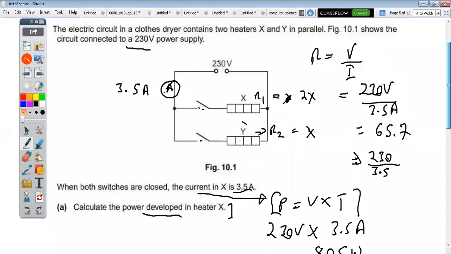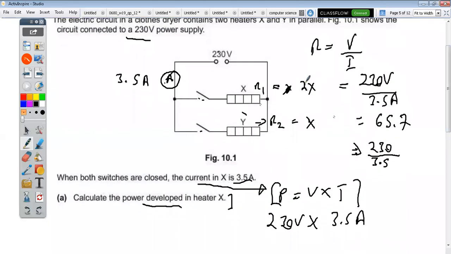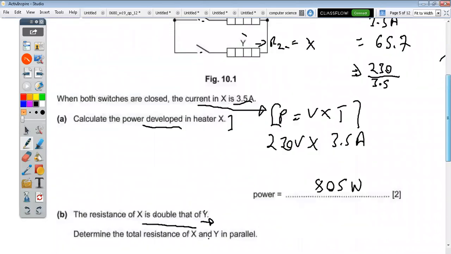Now this is our resistance, but look at this. We are saying this resistance is double that of the other resistor. So remember, how do I calculate effective resistance?